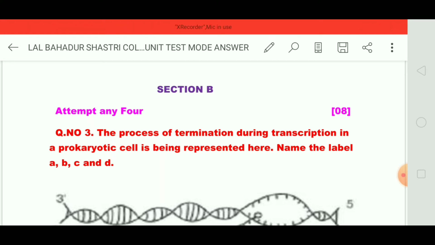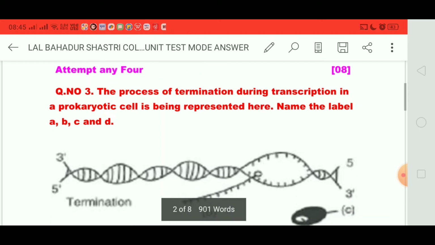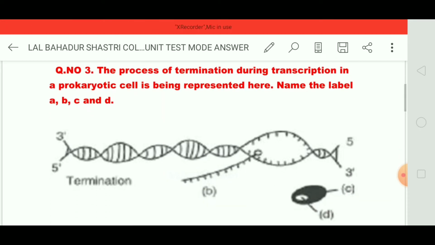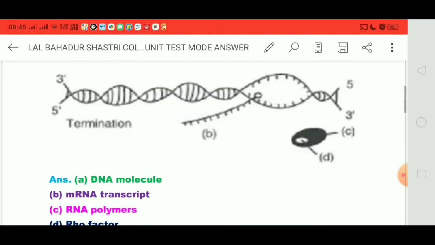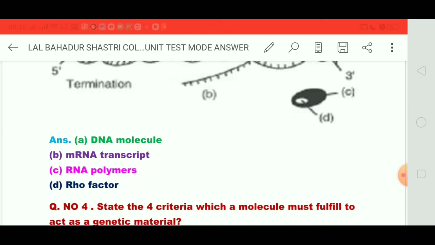Name the labels A, B, C and D. In this diagram, you must write what the labels are showing. Here A is showing the DNA molecule, B the mRNA transcript, C the RNA polymerase and D the Rho factor.